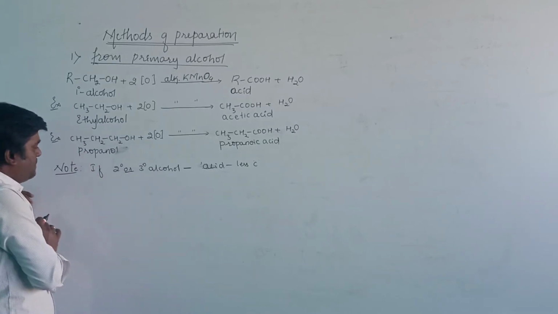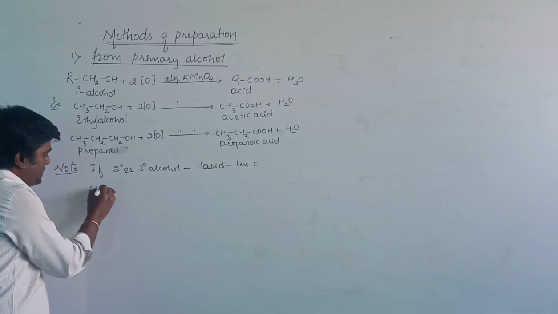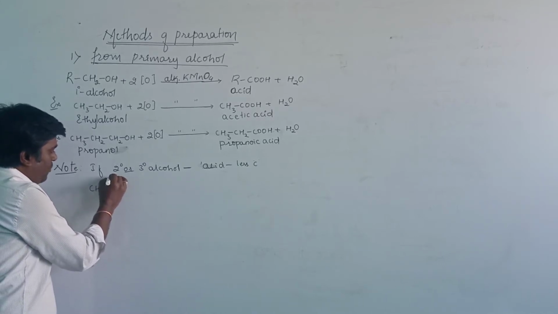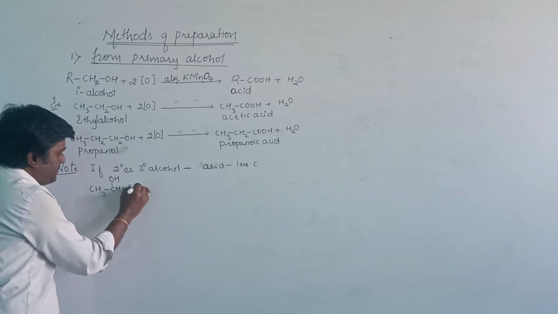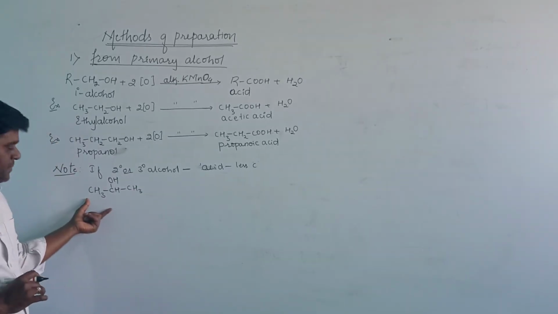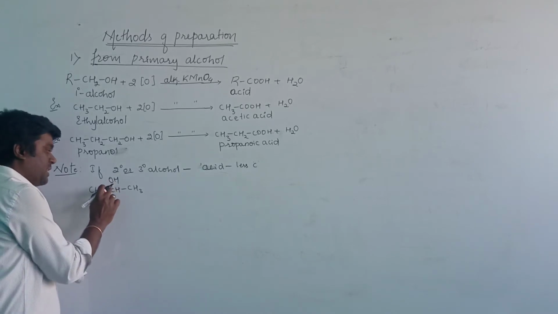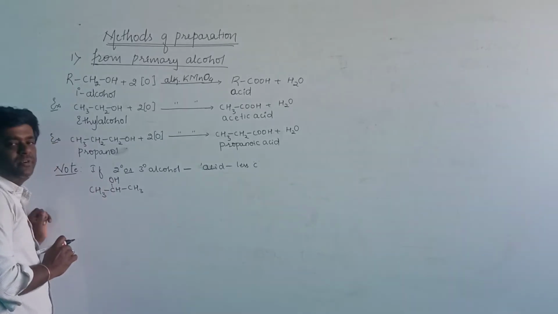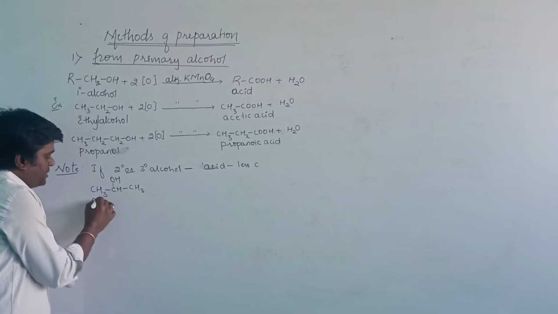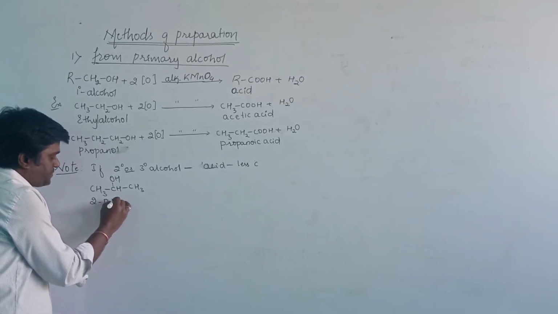Let us take the example here. CH3CHOHCH3 is a secondary alcohol. The OH is attached to the secondary carbon atom, therefore it is a secondary alcohol. The name for this compound is 2-propanol.